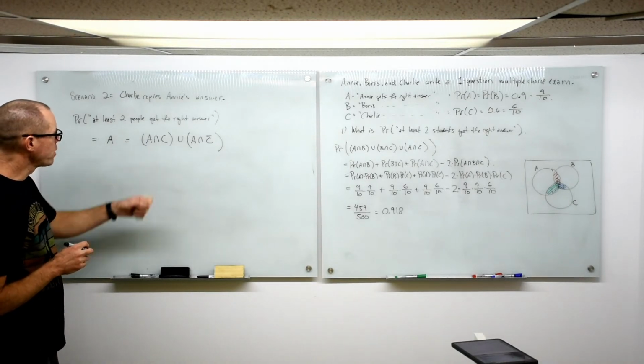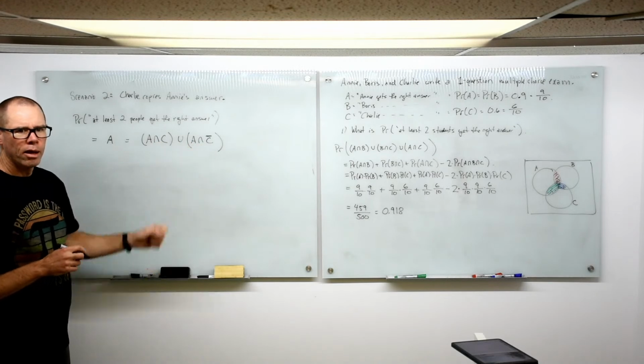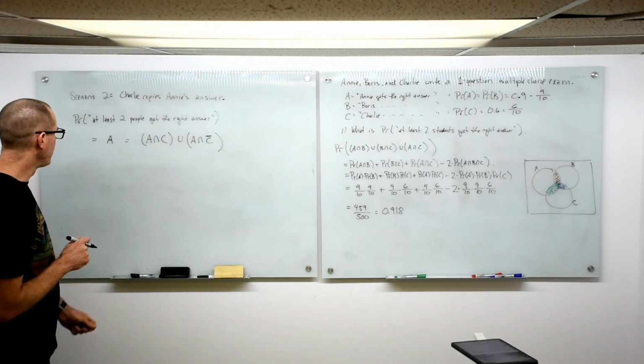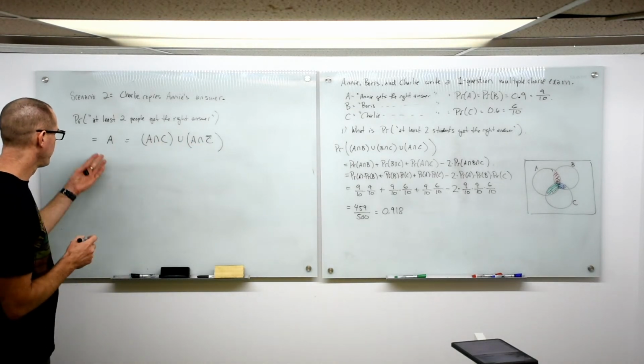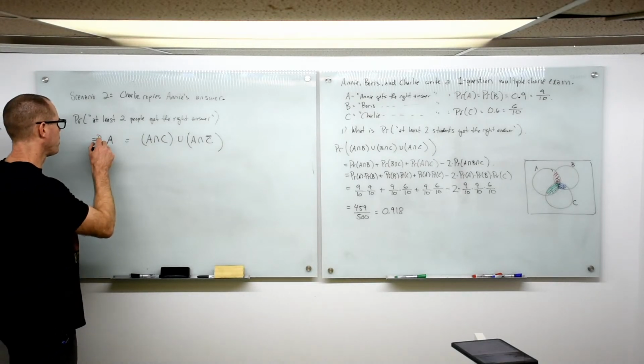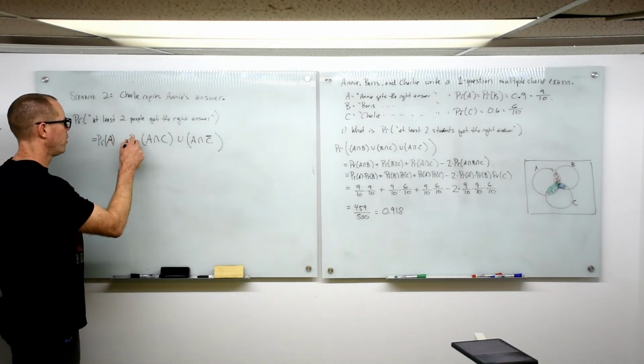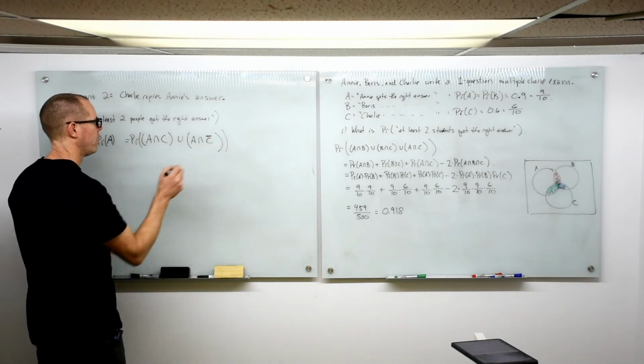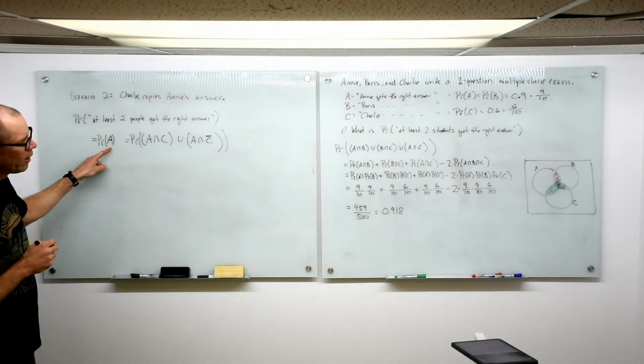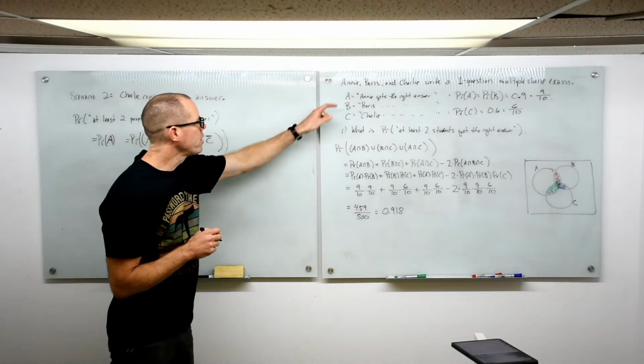Basically, Annie gets the right answer and I don't care what happens to Charlie. And so the probabilities are the same. I don't know what more to say. We're told the probability of A is 9 out of 10.